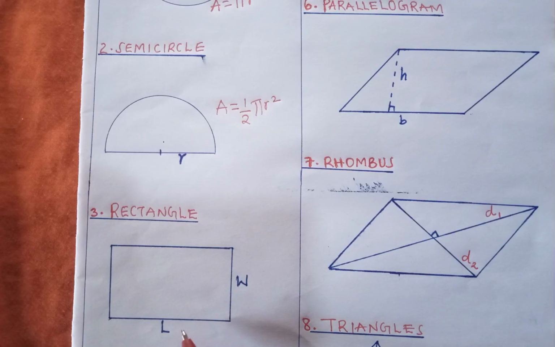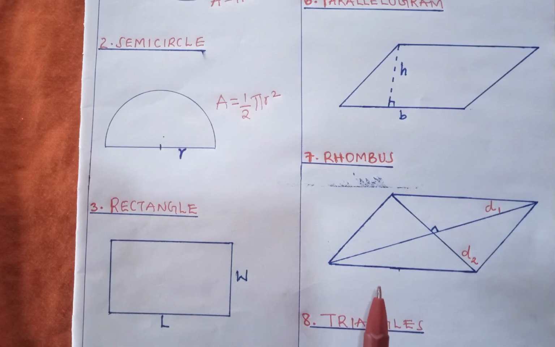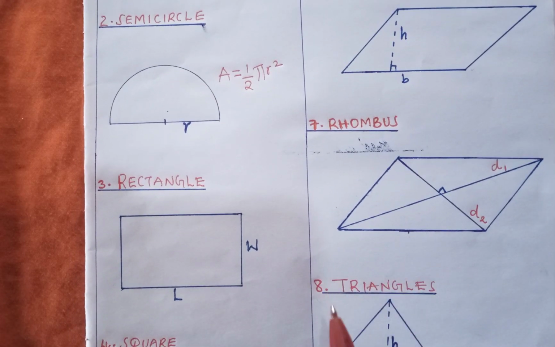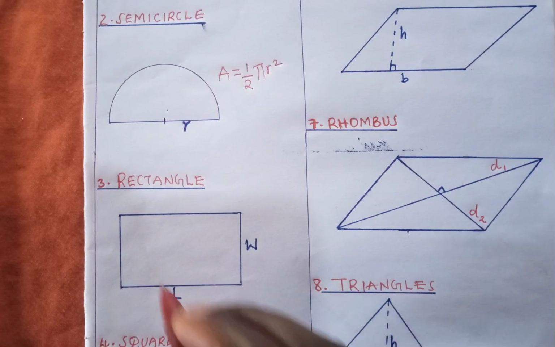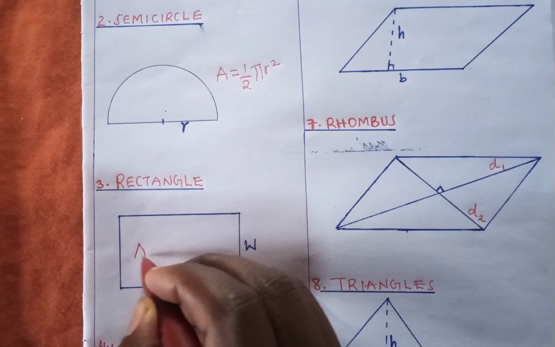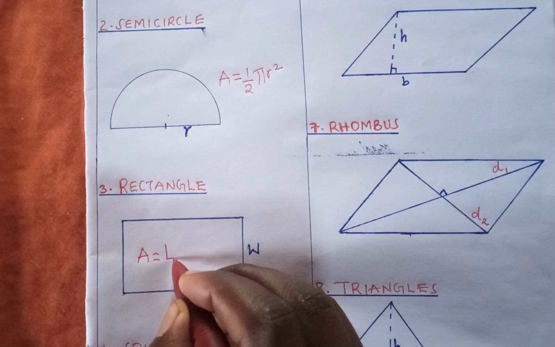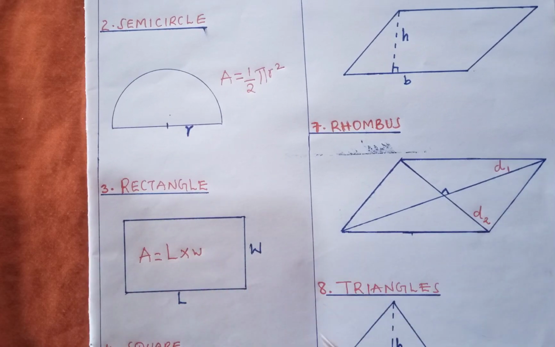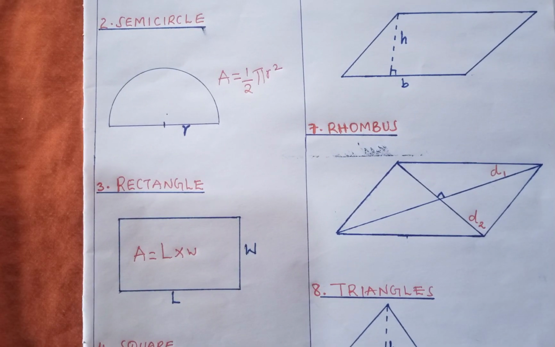That is why we have a difference in measurement. So the area for this is in fact length times width. If you get the product of length and width, that will give you the area of a rectangle.